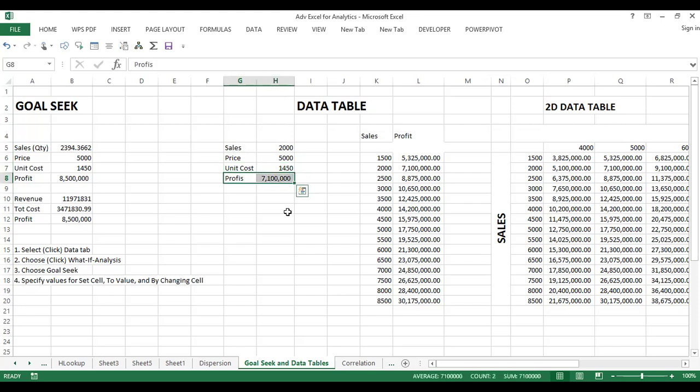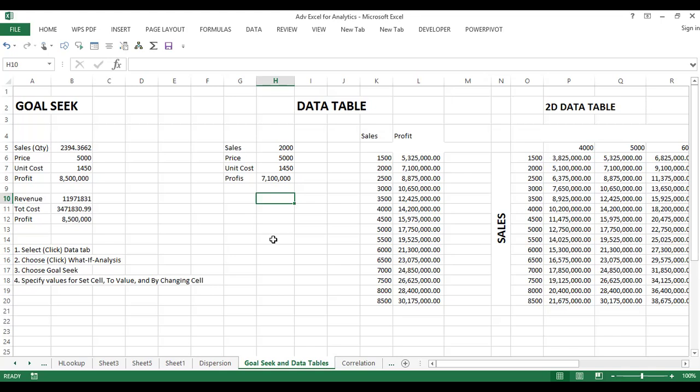This is profit. So now tell me, how do you think we can arrive at this profit given some values of sales, price, and unit cost? What formula can be used to realize profit?